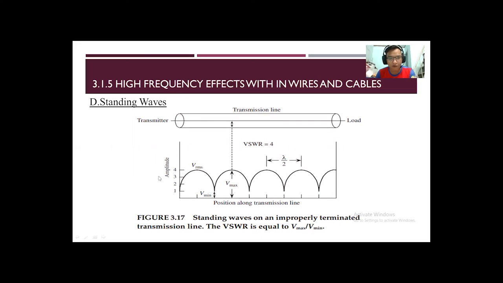Here is a graph showing our signal when it's transferred from this device to another device. You can see here the signal and the lambda.